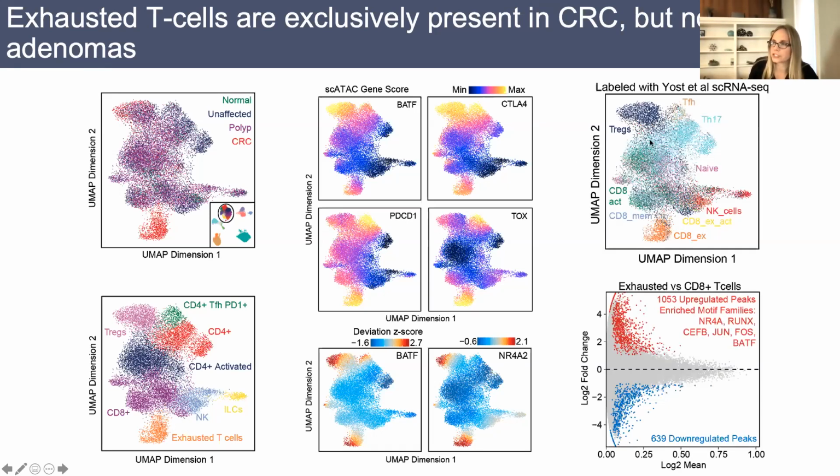Moreover, when we turned back to another single cell RNA-seq data set from basal cell carcinoma, where we had similarly defined exhausted T cell populations, we again see this overlap and enrichment. And so we believe that this exhausted T cell population is unique to the colorectal cancers.